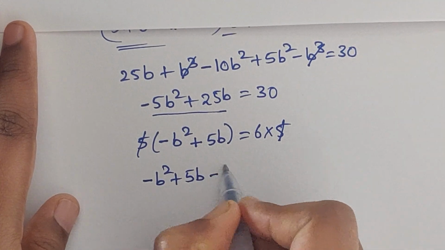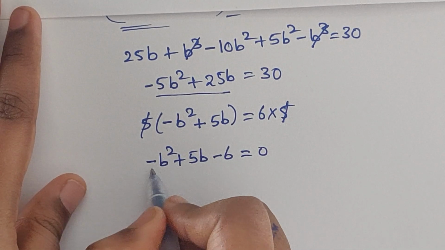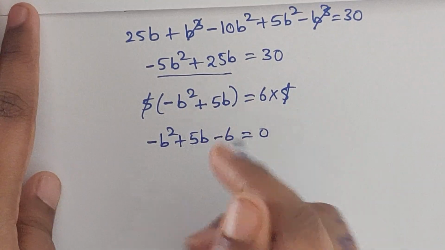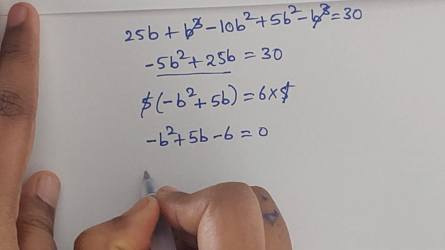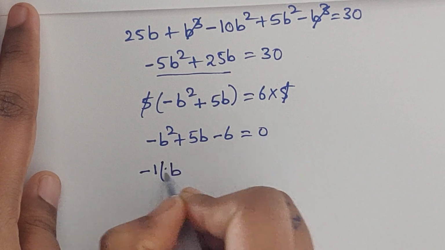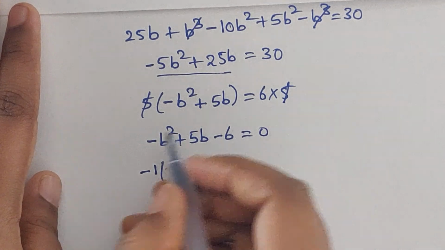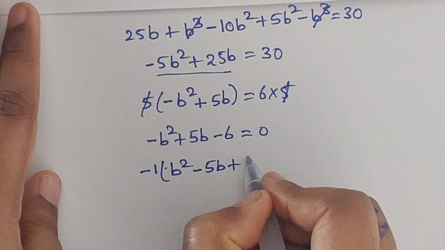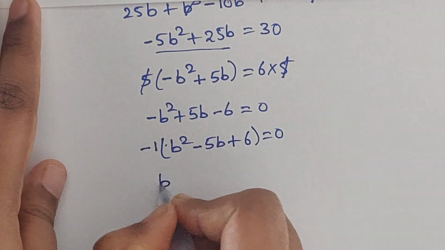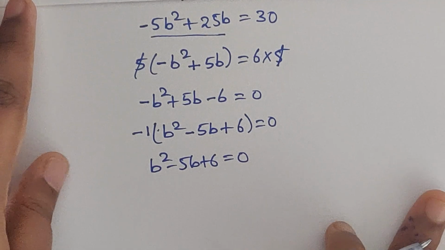Now it will become minus 6 equal to 0. So we can take out common, that is negative sign, minus 1, so we will get b square minus 5b, so here minus is there, so it will become plus 6 equal to 0. So now b square minus 5b plus 6 equal 0.